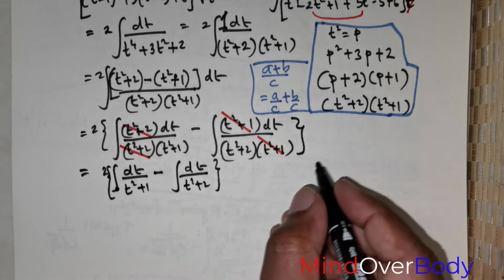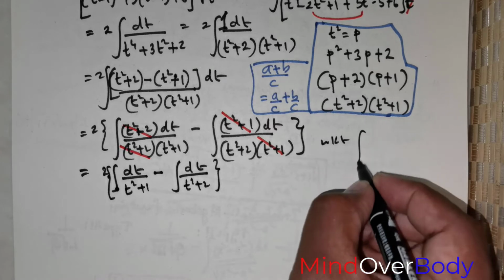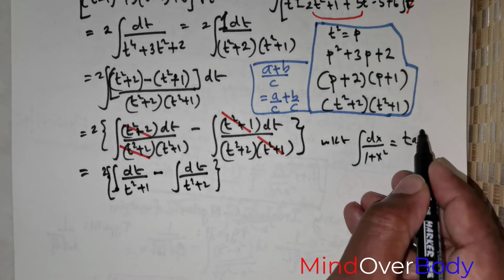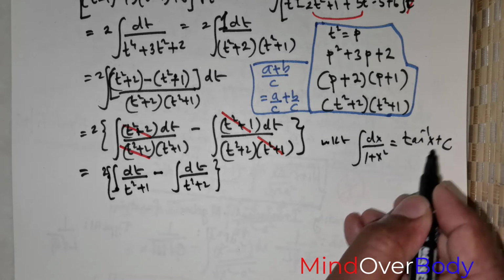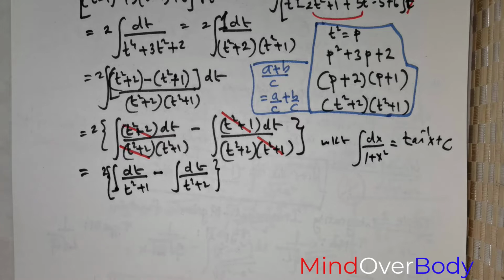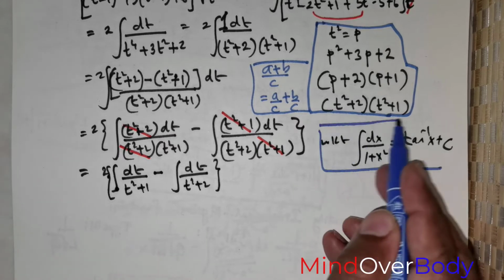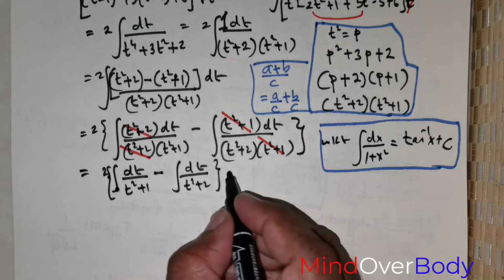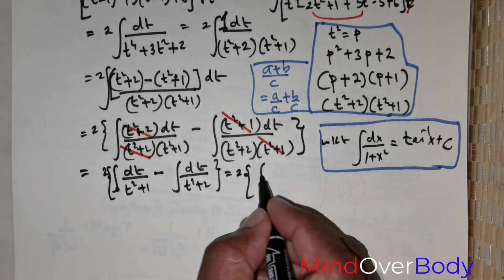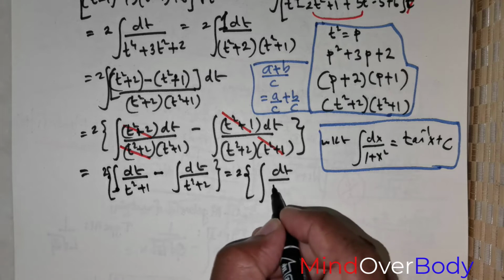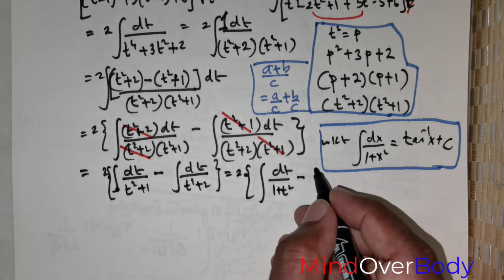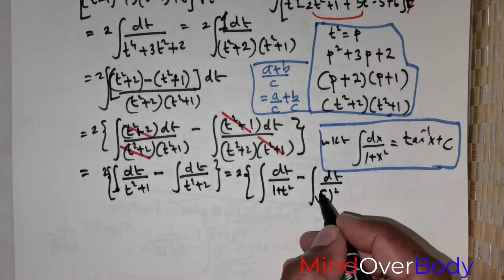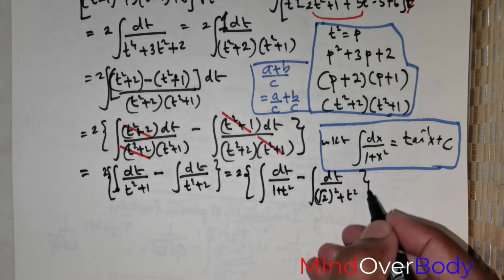Now what is this? Now we know that integral dx over 1 positive x squared is tan inverse of x positive arbitrary constant c. We know this formula, right? So I'm going to apply this formula. So how I'm going to apply this formula? I'm going to rewrite this as 2 times integral dt over 1 positive t squared negative integral dt over root of 2 raised to the power of 2 positive t squared.